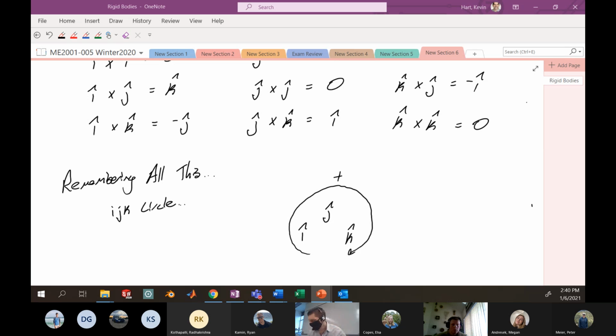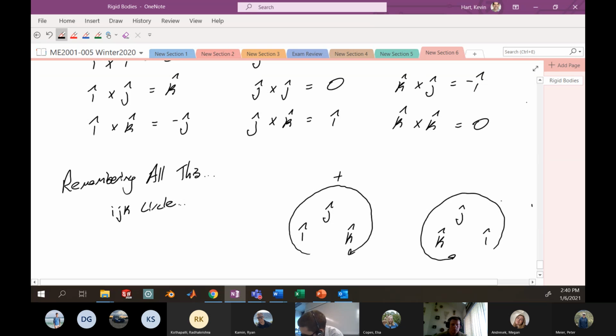Some people draw it in other ways. I don't want to confuse you too much, but some people like drawing it this way, where counterclockwise is positive. However you remember it, just be consistent and remember it correctly.